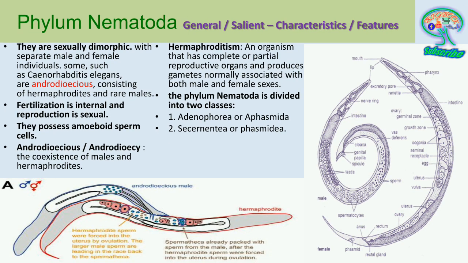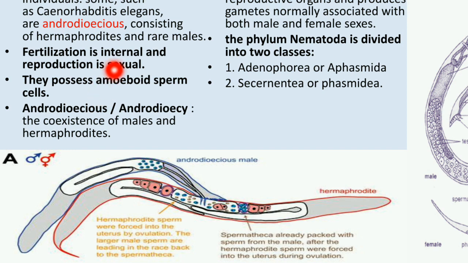If the hermaphrodites are more, the males are present very rarely, but this combination is called androdioecious, because along with the hermaphrodite there is also a separate male feature. Fertilization is internal and reproduction is sexual. There is no asexual reproduction in this.